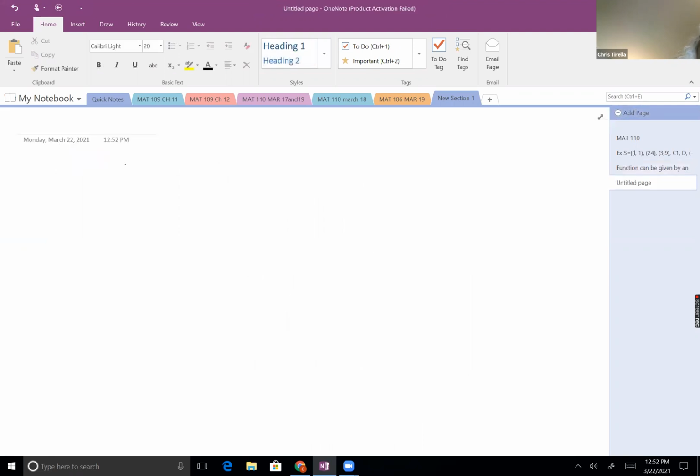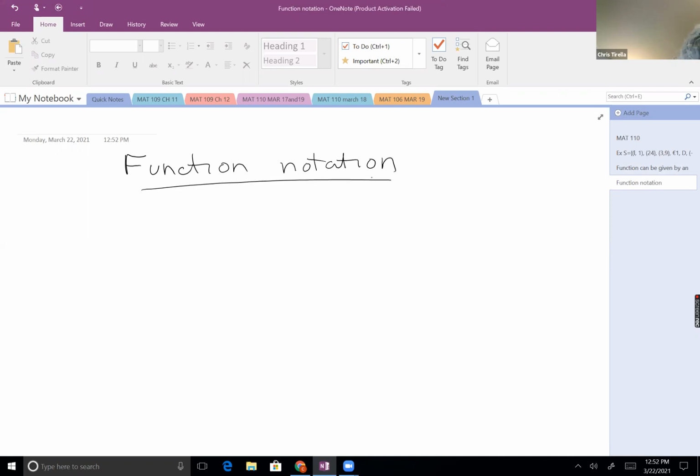Let's next look at what's called function notation. It's another way of writing functions. When I look at a function, sometimes functions are frequently named. We'll look at the end of the semester at our trig functions, which have very clearly defined names like sine, cosine, and tangent.